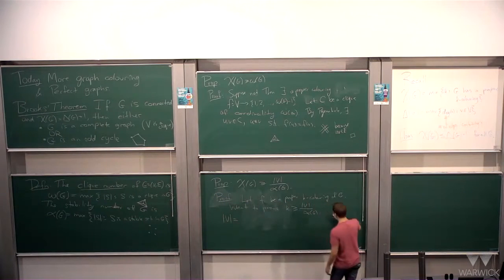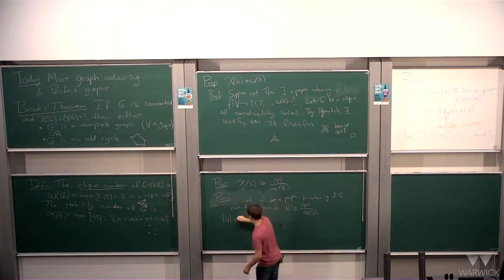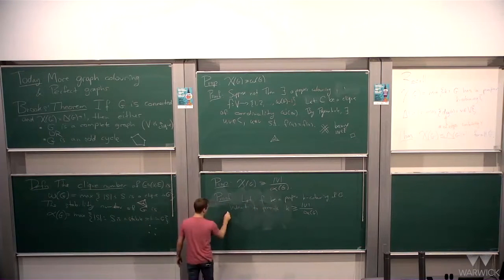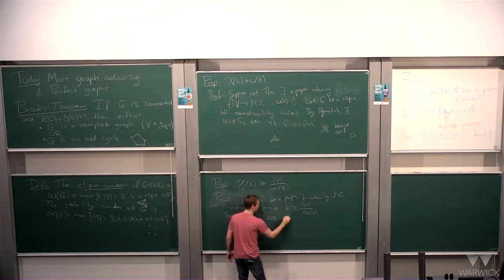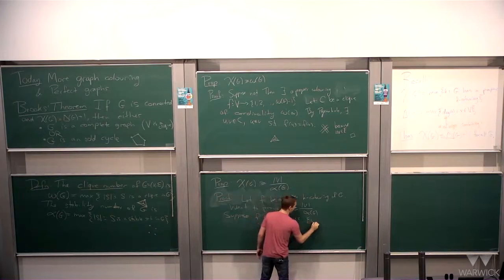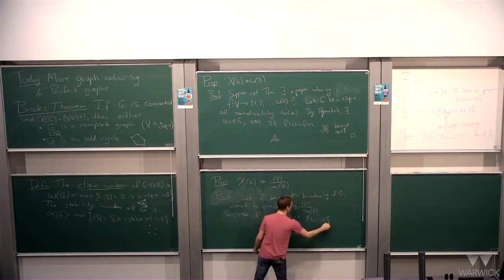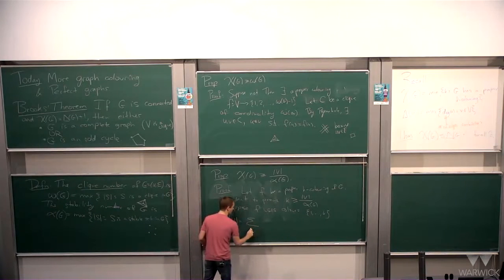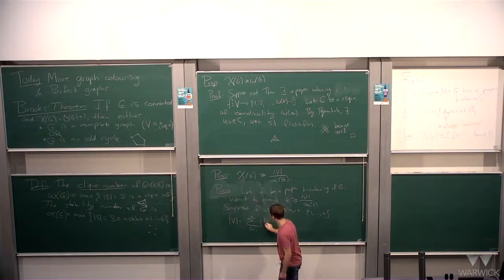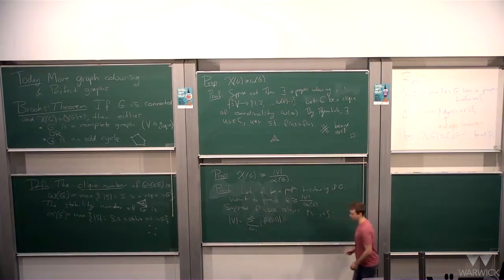So it's a proper K coloring of G. Suppose F uses the colors 1 up to K. Then the number of vertices is the sum from I from 1 to K of the size of the inverse image of the color I.